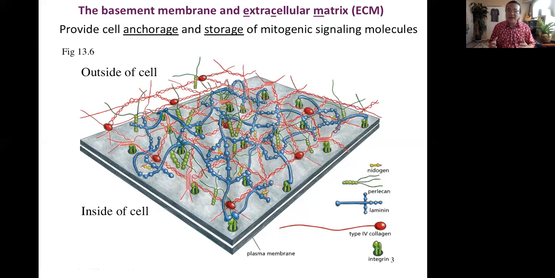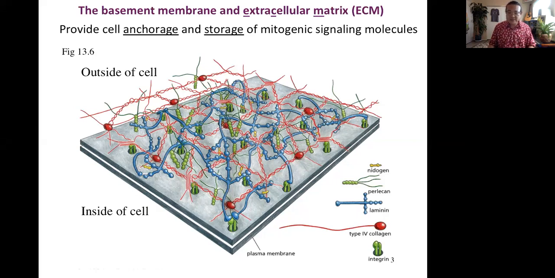So the ECM is technically any of the protein environments surrounding the cells in our body, not just epithelial cells. Any of the cells in our body are going to have some sort of proteinous substance around them, right? And that's the ECM. So the basement membrane is a highly modified version of the ECM that really only applies to things like epithelial cells.